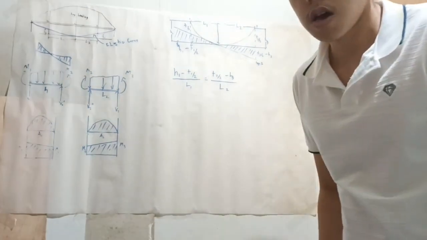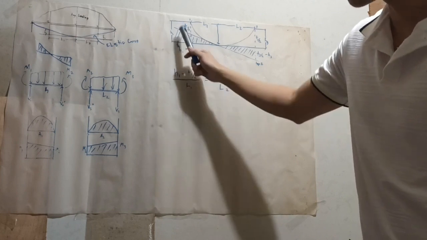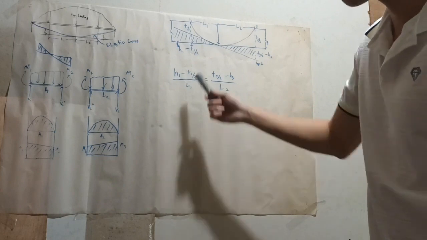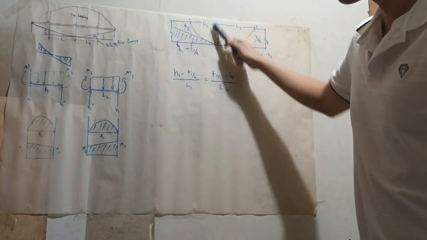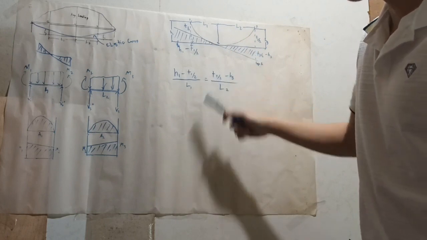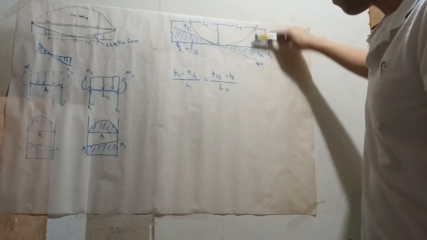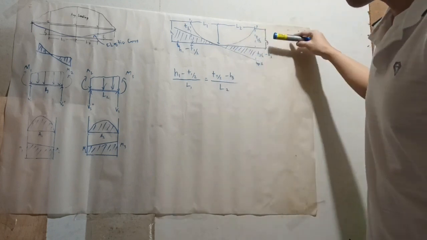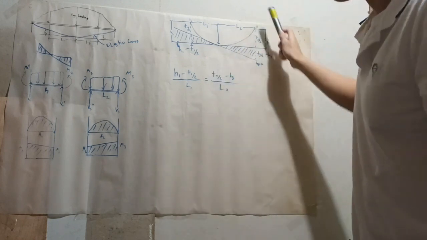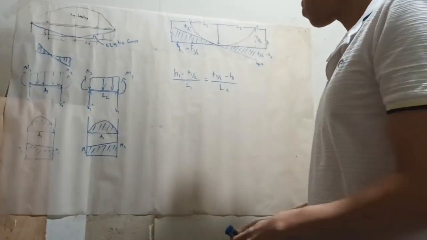So we can have a proportion: H1 minus deviation of 1 with respect to 2 over L1 equals deviation of 3 minus deviation of 3 with respect to 2 minus H3 over L2. Then we will use the area moment formula and deviation formula.